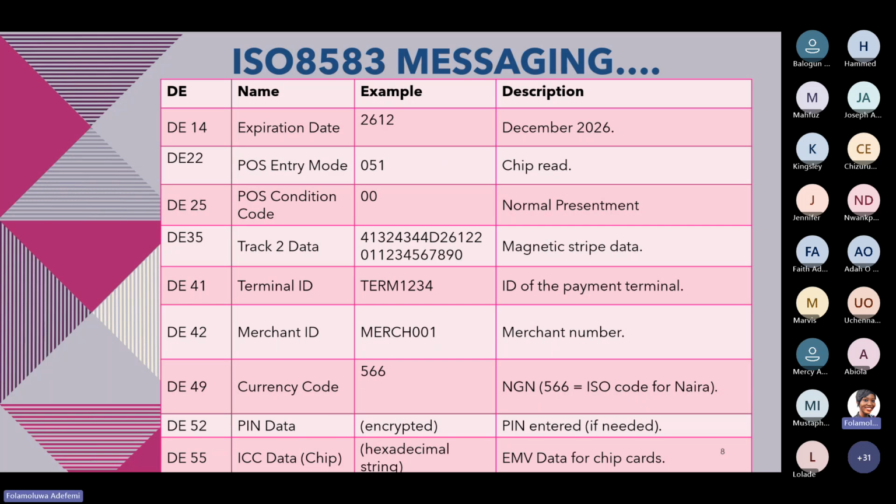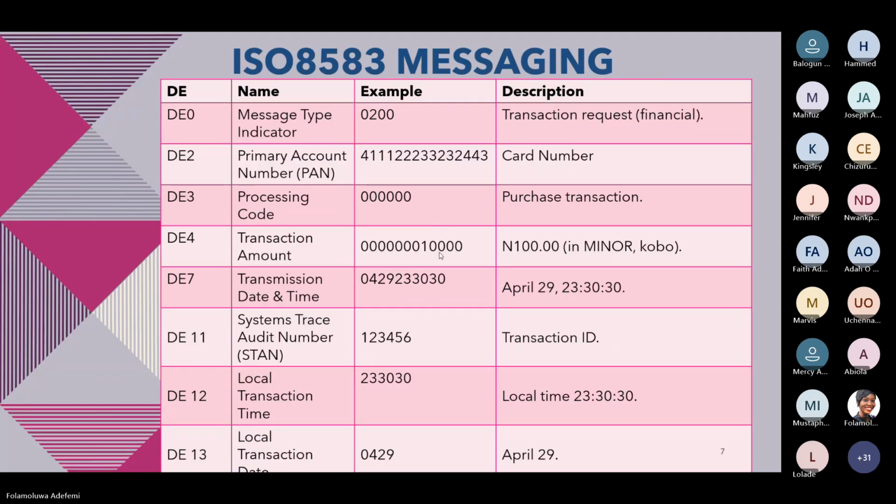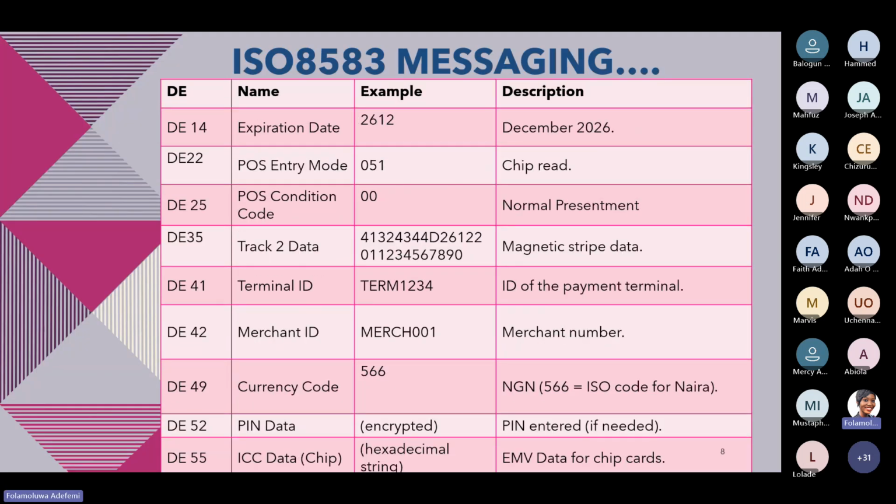In data element 35, we have track 2 data. Track 2 data is actually data that is stored on the card. It's some static data and it includes some of the cardholder's data as well as the card data. So it's usually present in card present transactions because, like I mentioned, it's something that is read off of the card.